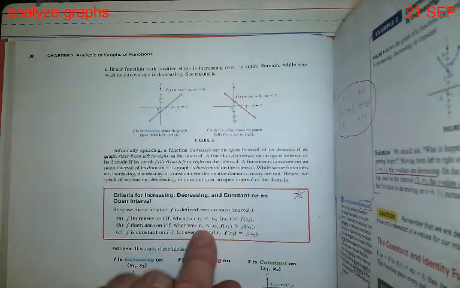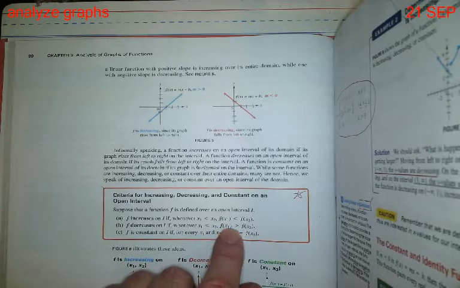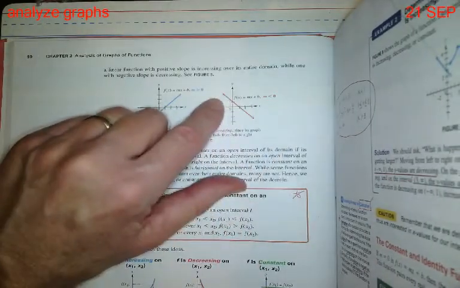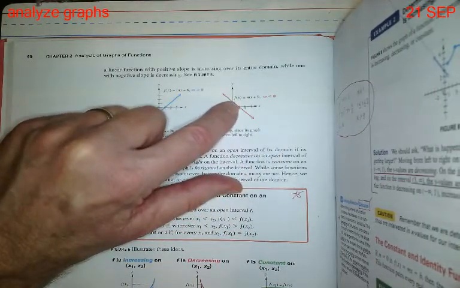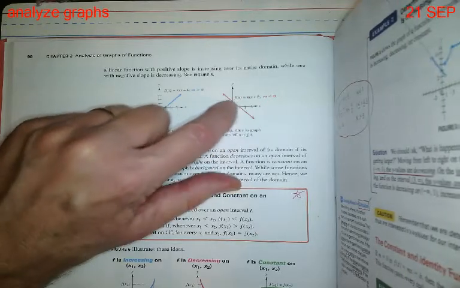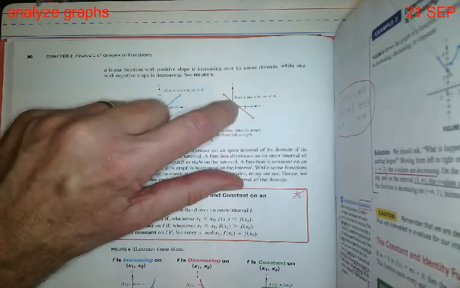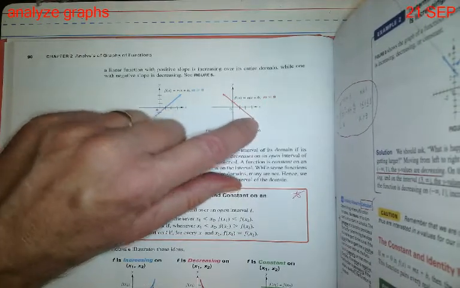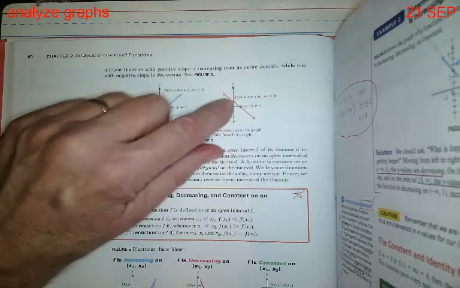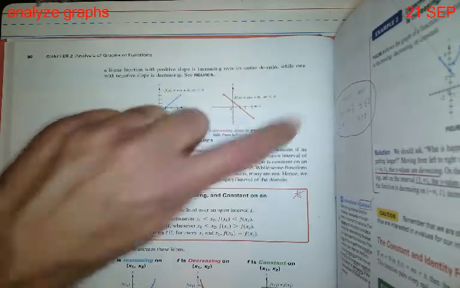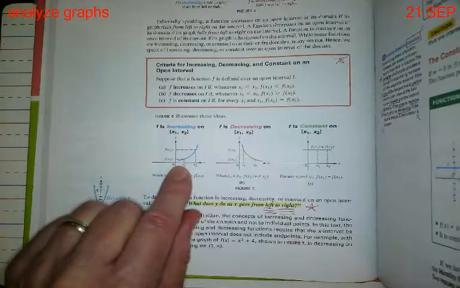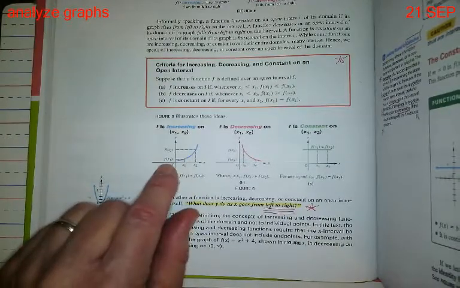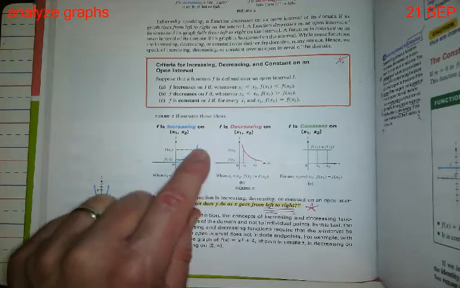Here, this one says when the x gets bigger, the y's get smaller. Oh no, that's what happens here. Because see here I'm going 1, 2, 3, 4. The x's are getting bigger, but the y values are getting smaller. Here I'm at 0, then I'm at -1, then I'm at -2, then I'm at -3. Right? So the x gets bigger and the y gets smaller. That's decreasing. So here they give you another example. It doesn't have to be straight lines. It can be curves, right? This one's still, when the x gets bigger, the y gets bigger.